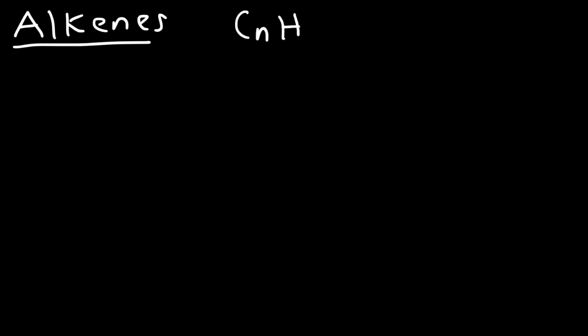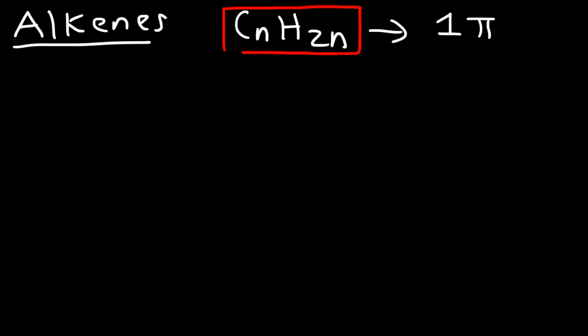Now let's talk about alkenes. Alkenes have the formula CnH2n if they only have one double bond or one pi bond. For each double bond that's found in the alkene, you need to decrease this by 2. So if there's 2 pi bonds, it's going to be CnH2n minus 2. But if it only has one double bond, this is the general formula for an alkene.